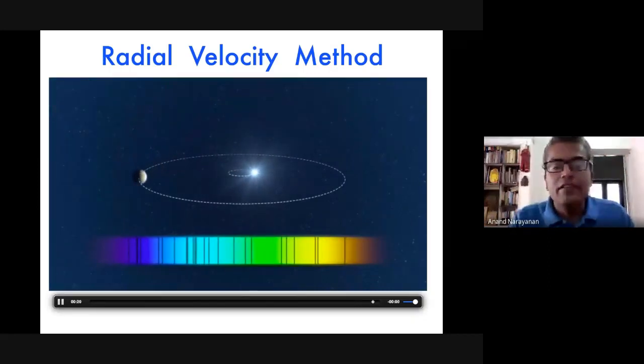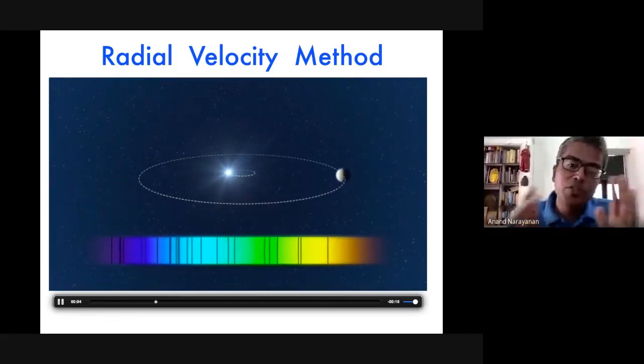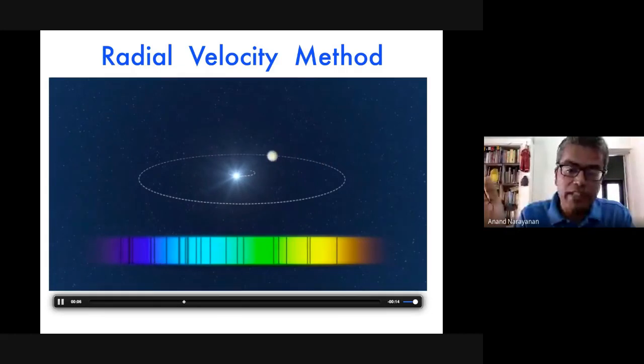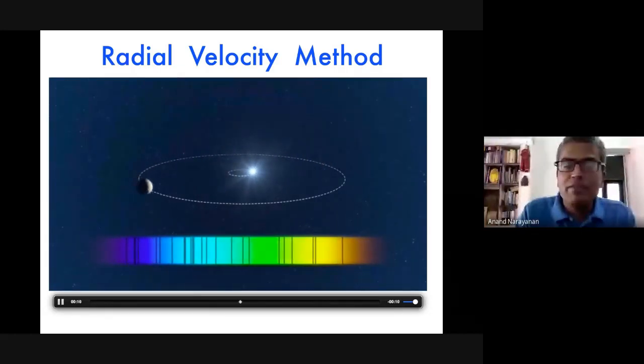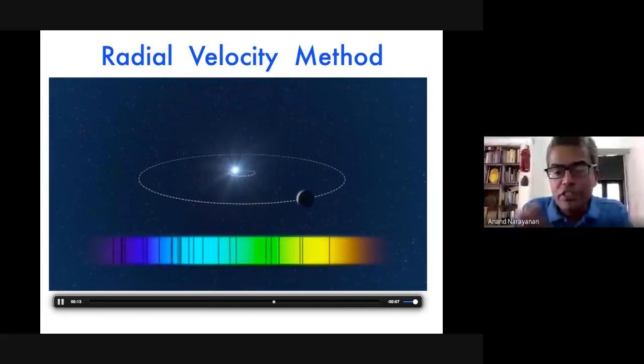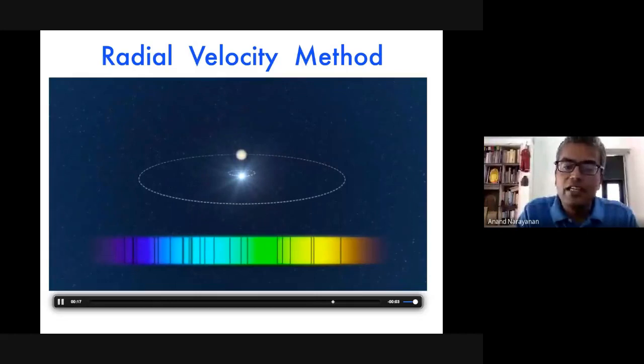And the second thing is, the longer it takes for the light to go through one full cycle of blue shift and red shift, the farther away the planet is from the star, and the shorter it takes for the light to shift, the closer the planet is to the star.